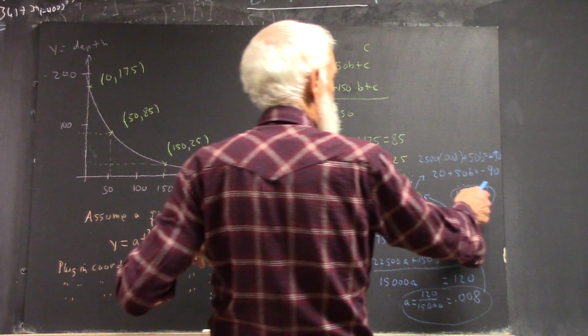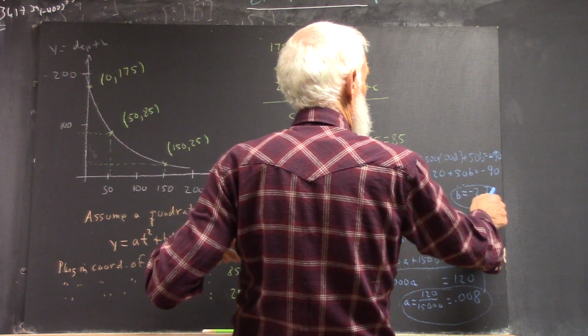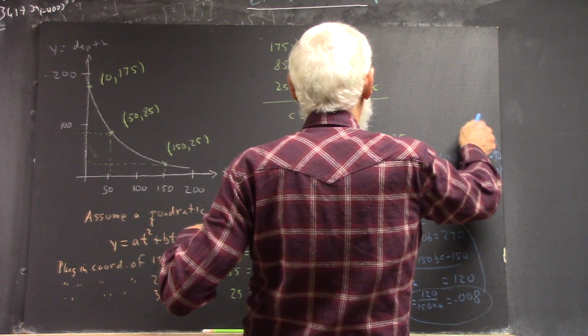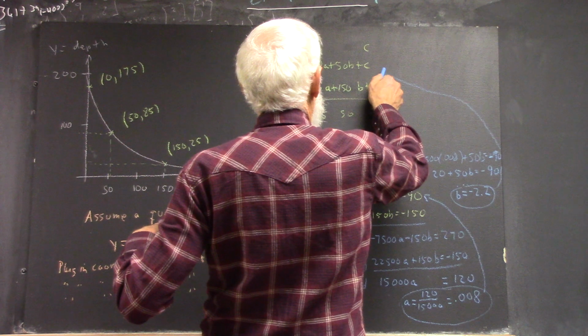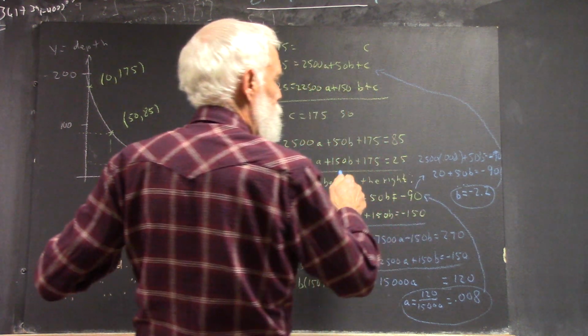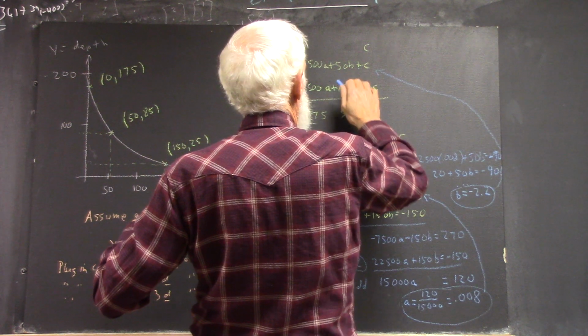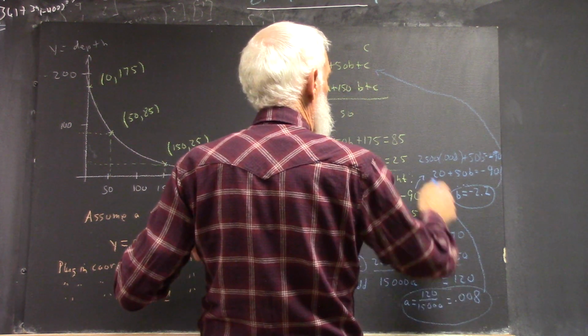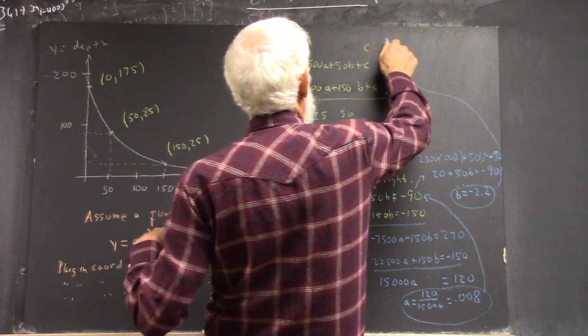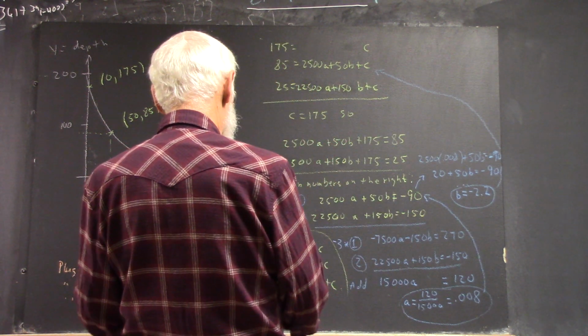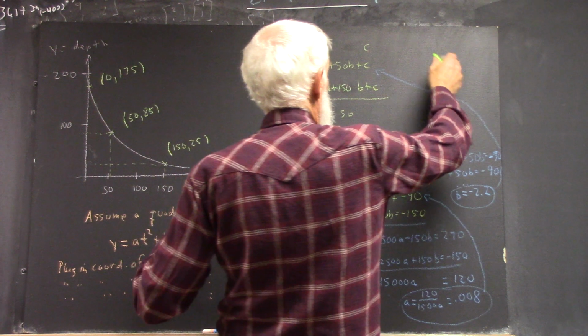I'm going to plug it into this equation. I've got values of a and b that I can plug in here. So both a and b go into this equation, and I'm going to change my colors.